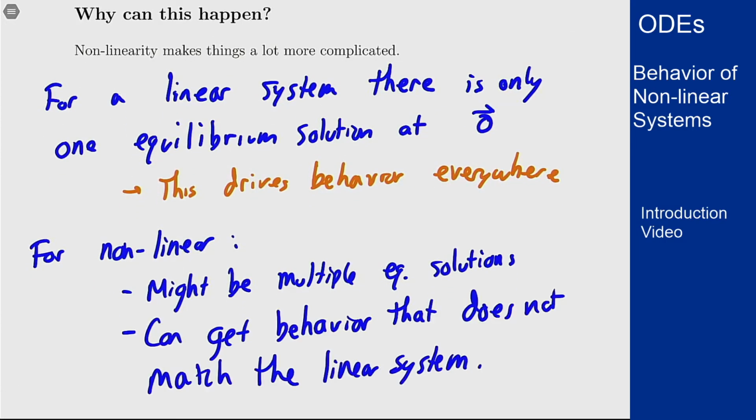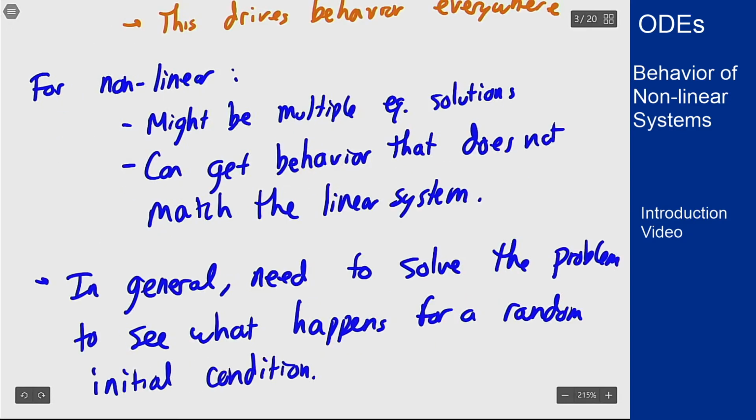And so things are just more complicated, more involved when you have a nonlinear system. And the main thing is, there's usually not a good way to tell what's going to happen for a random initial condition unless you plot a graph or numerically solve this problem. We have a few techniques, but in general, just looking at the equation itself, you can't really tell exactly what's going to happen just based on the equation as it is.